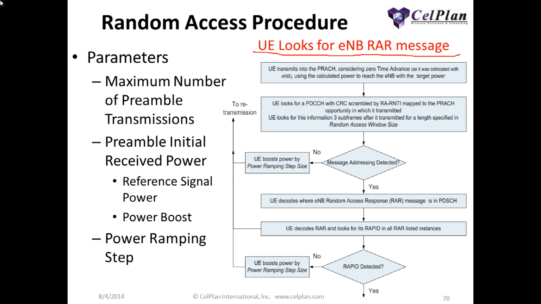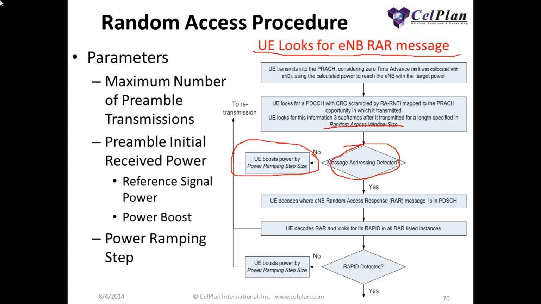So it's trying to find, is there a response for a random access mapped to the PRACH opportunity in which it was transmitted. So basically what will happen now, it looks in the window. If it doesn't find, it goes back, and that window can be 2, 3, 4, 8 frames. It will go back and increase the power again. So if it didn't detect the message, it boosts the power and retransmits.